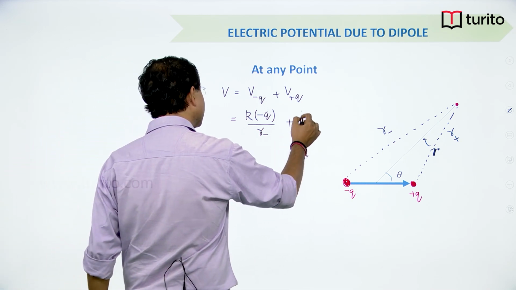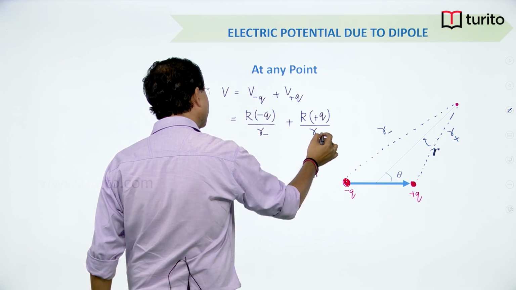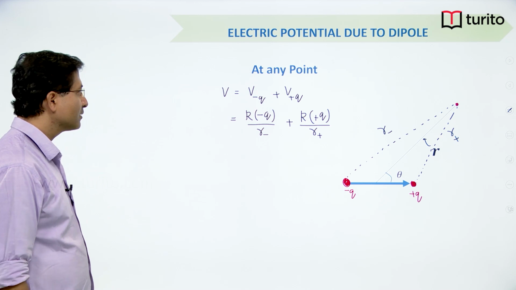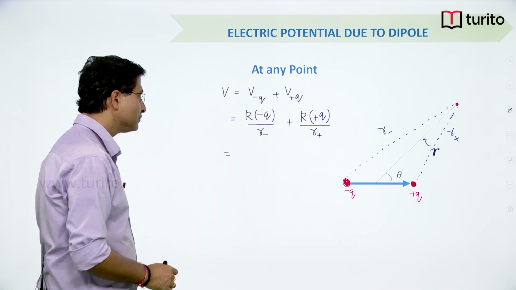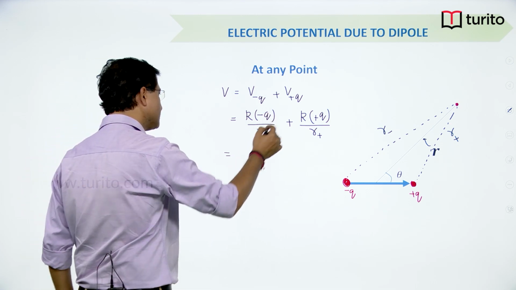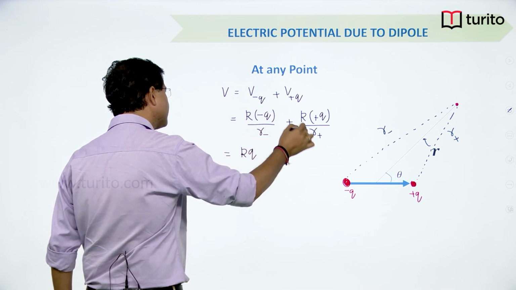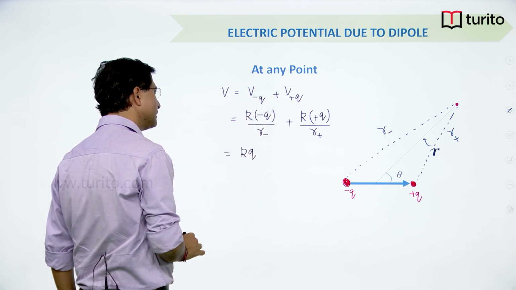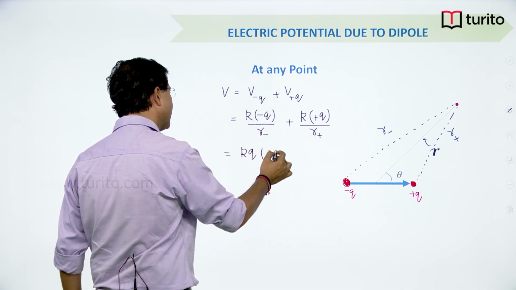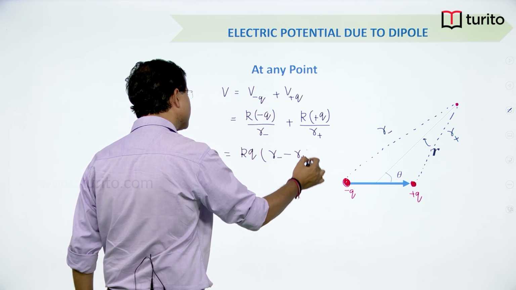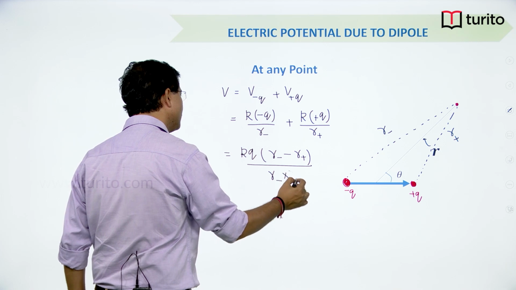Due to the positive charge, k into plus q divided by r plus. If I simplify this, kq I can take out, this minus will go here and plus will come this side, r plus will come this side. So this can be written as (r minus minus r plus) divided by (r minus into r plus).